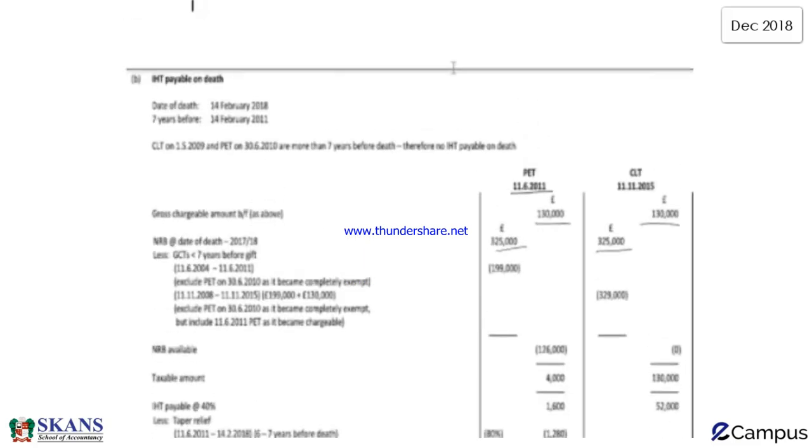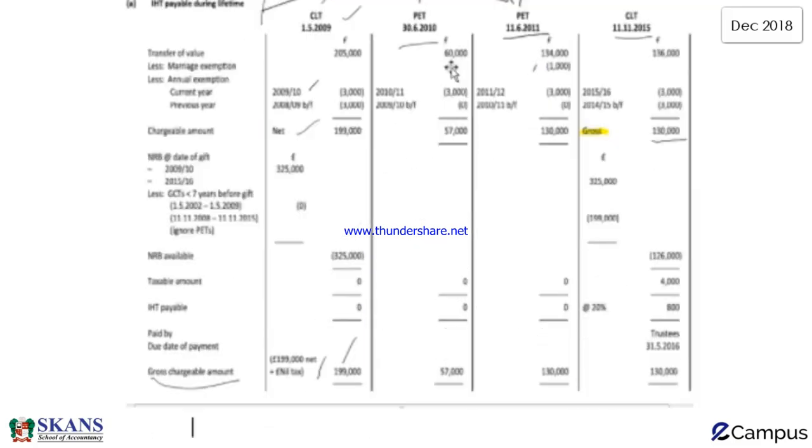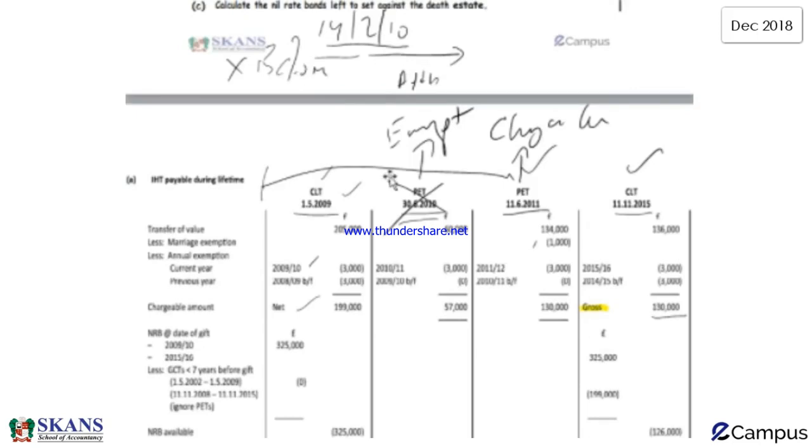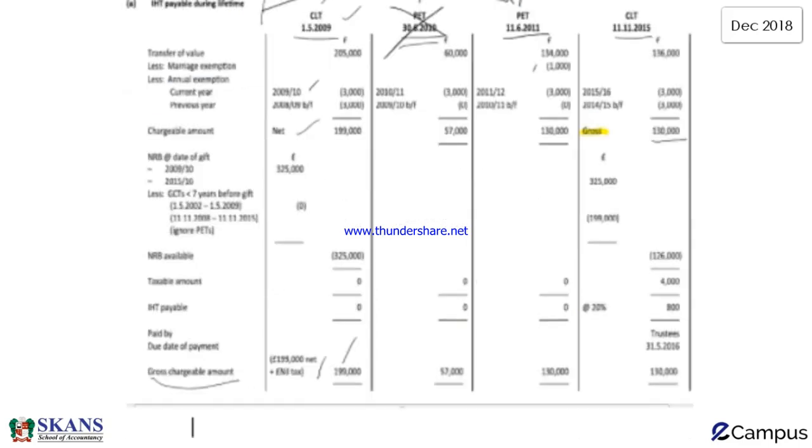Now, if you want to see that, we can see that from the lifetime calculations. I think both of them fall within 7 years, but you would not be counting this PET because on death it is exempt, but this CLT will still be considered as a chargeable transfer.